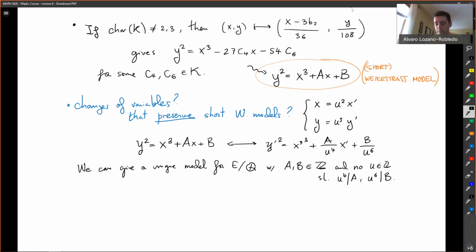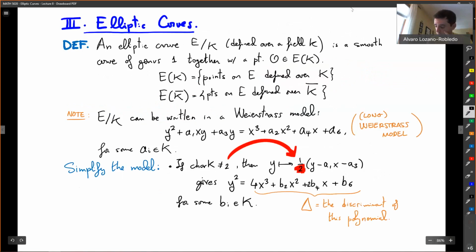All right. In this model, in short Weierstrass, remember I defined delta to be the discriminant of that polynomial in x.